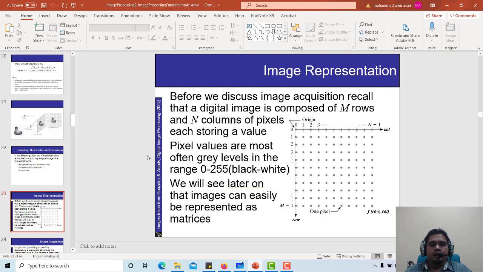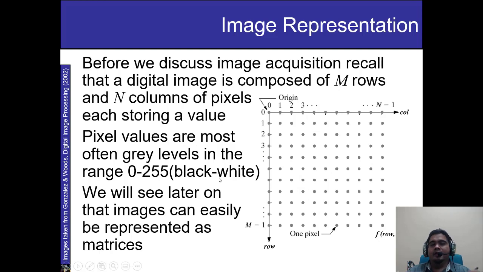Again, we talk about the single channel image. If you talk about the grayscale image, the numbers inside this matrix can go from 0 to 255. What is the reason behind that? We have discussed previously that the intensity resolution of each element is 8 bits.